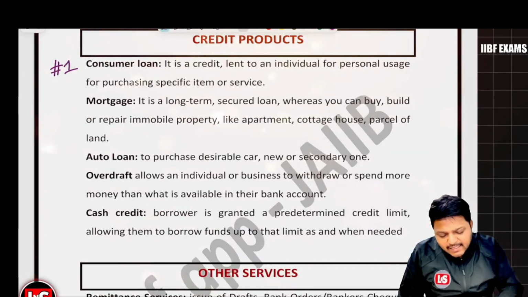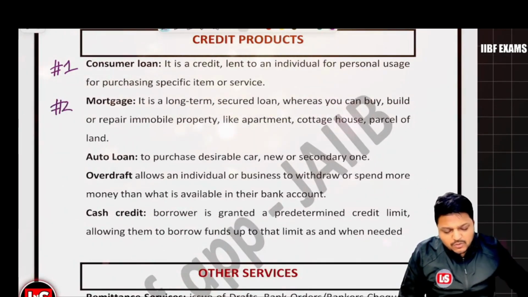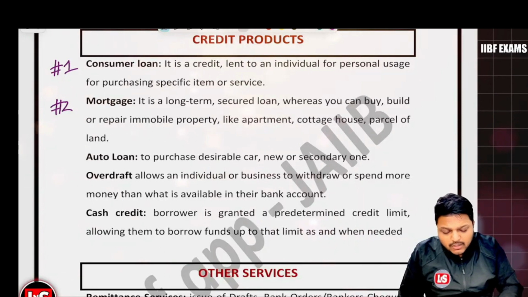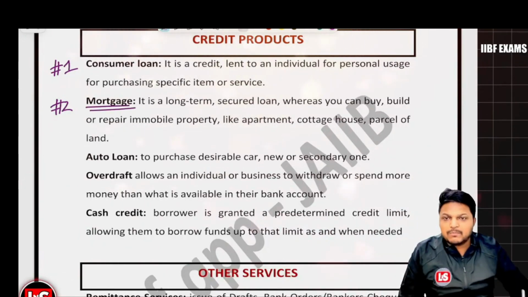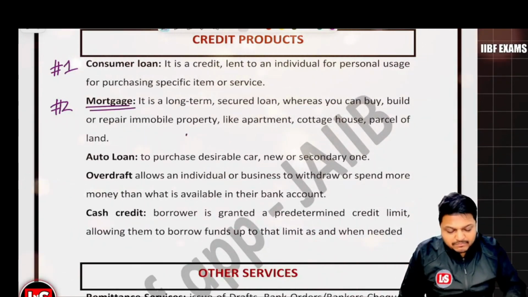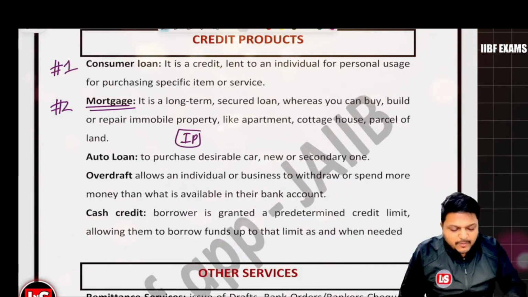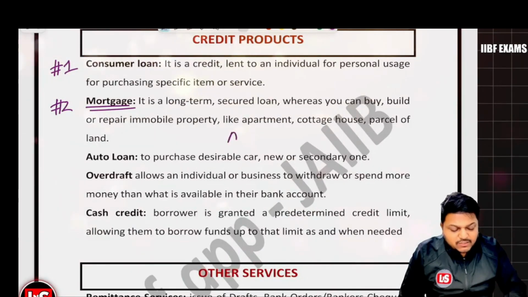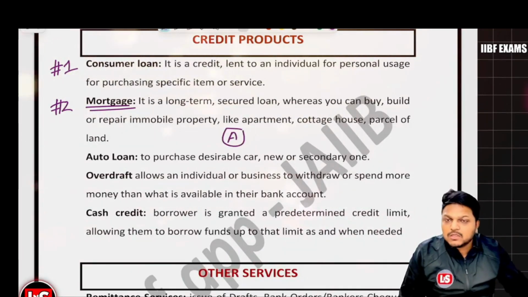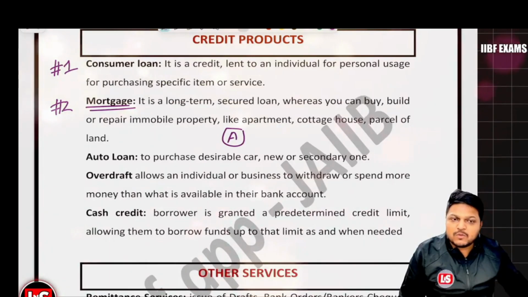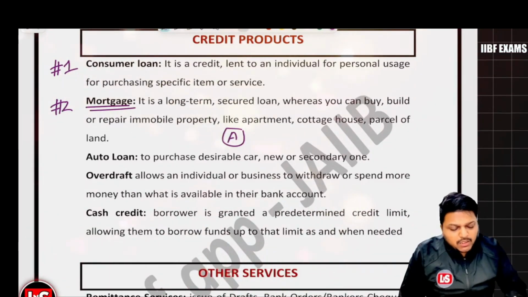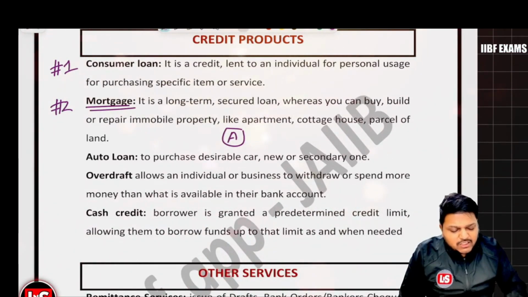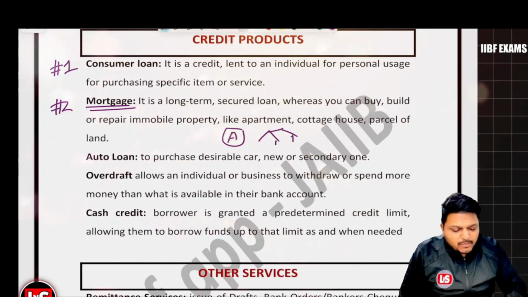And the second type is the mortgage loan. In a mortgage loan, a mortgage is given as security. A mortgage is basically on immovable property. Let's say you are going to procure a housing loan, for construction of a house or for repair and renovation of the house. In that scenario, person A will create a charge of mortgage on the property.